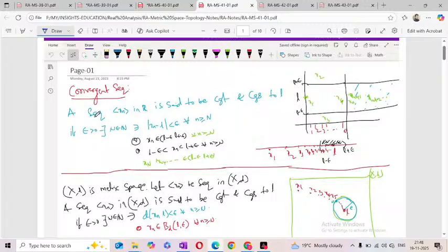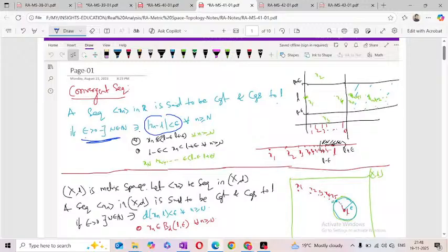Suppose a sequence Sn of real numbers is said to converge to L if for every epsilon greater than 0, there exists a natural number N such that mod xn minus L is less than epsilon for every n greater than N. That means xn belongs to L minus epsilon to L plus epsilon for every small n greater than capital N. Here the capital N is fixed and small n is varying.